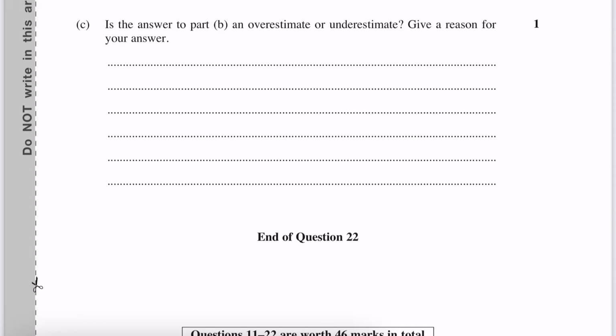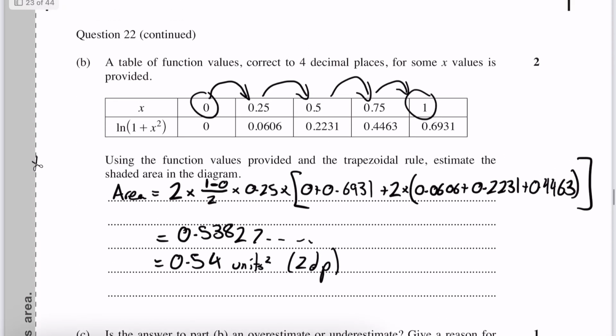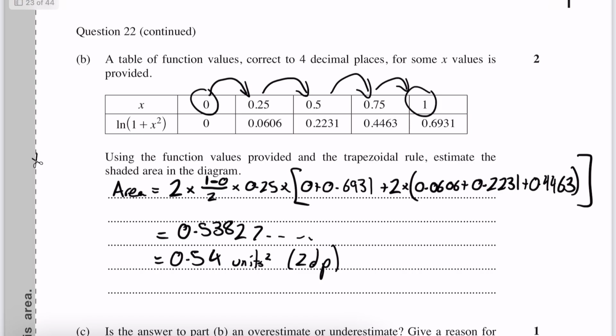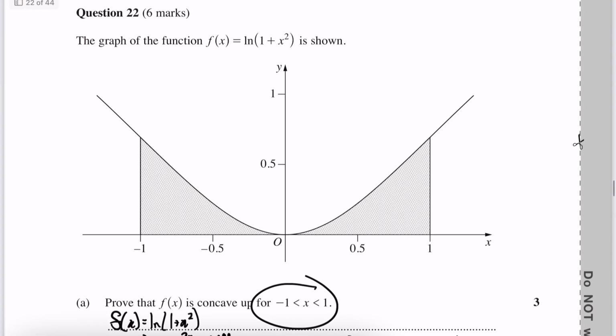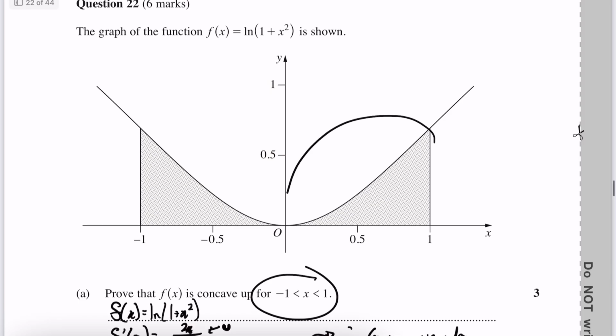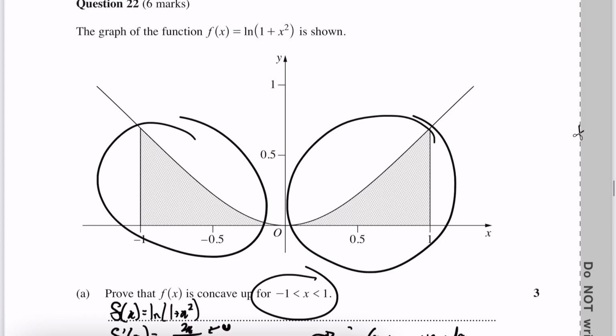So part C says, is the answer to part B an overestimate or underestimate? Give a reason for your answer. So essentially this is just saying, is our estimate in part B, the area that we calculated using the trapezoidal rule, an over or an underestimate of the true area of the diagram?